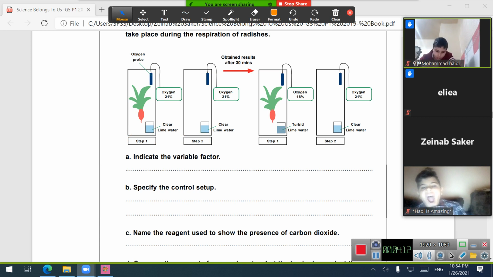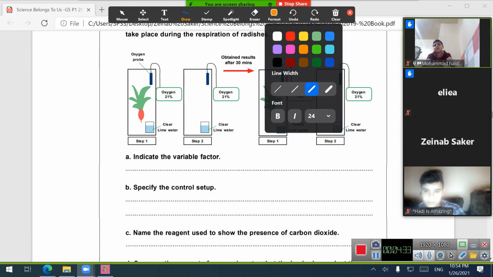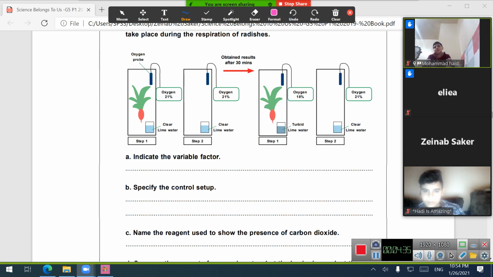So let's move now to number 1, part A. Indicate the variable factor. Please, Muhammad Haidar, can you repeat what is the variable factor here? What is different between step 1 and step 2? Radish plant is absent in step 2. Excellent. So, the radish plant is present in step 1 and absent in step 2.